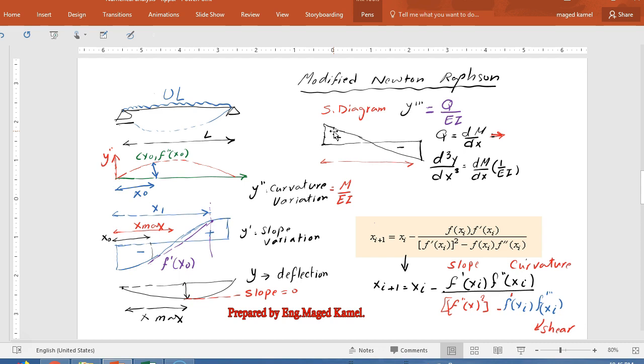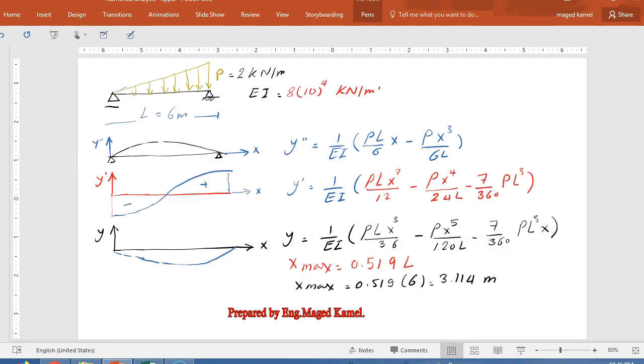The example we are going to use has a triangular load with maximum value B equal to 2 kilonewton per meter. The length of the support will be 6 meters, and the EI value is 8 multiplied by 10 raised to the 4 kilonewton per meter squared.